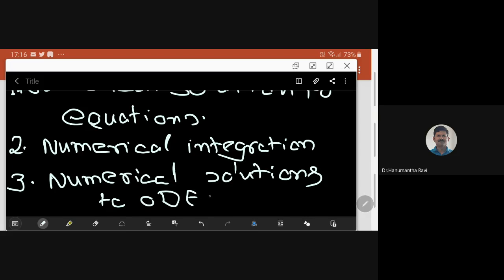These are the topics which come for a GATE examination.